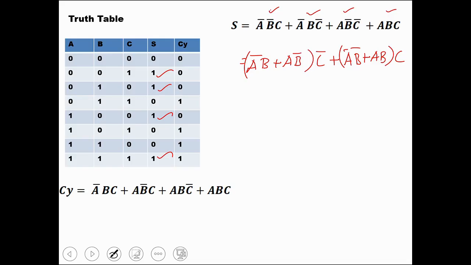So this can be written as A XOR B into C bar plus A bar B bar plus AB into C. So we have to write like this.